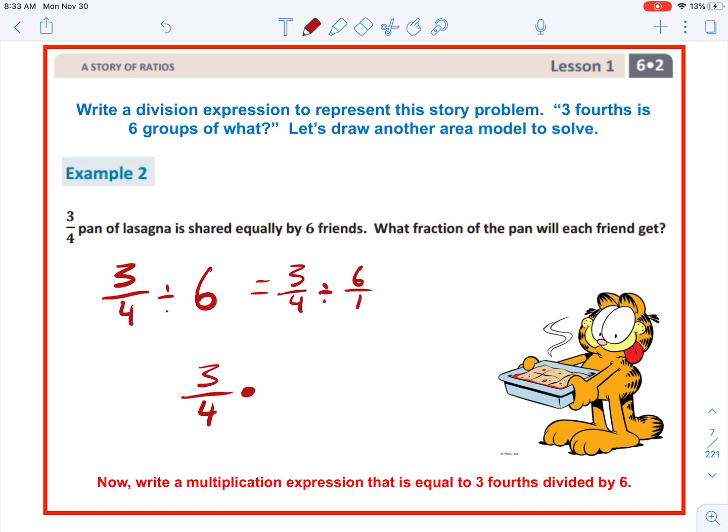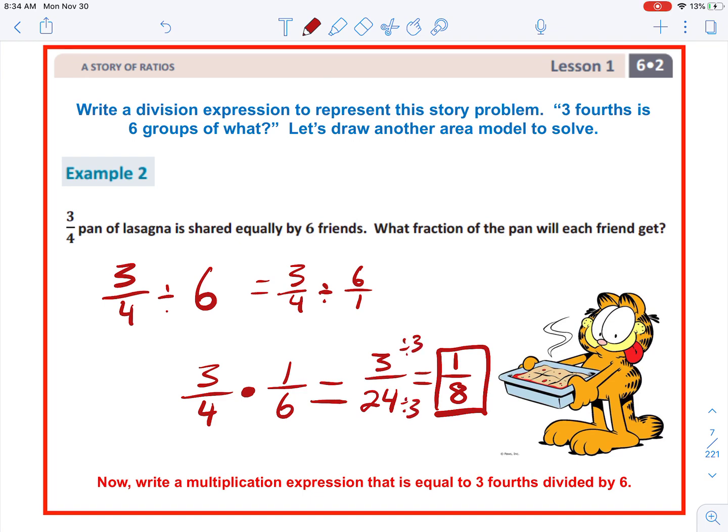Skip the first number, dot for multiply, and flip the second number, the second fraction, and 6 turns into 1/6, and then we multiply across. We have 3 and 24. Can we simplify this? Well, we can. So this turns into 1/8, and that is our answer. We divided both by 3, okay? 3 divided by 3 is 1. 24 divided by 3 is 8.